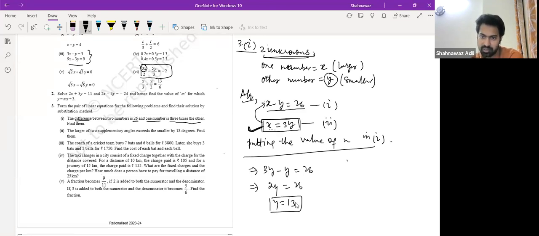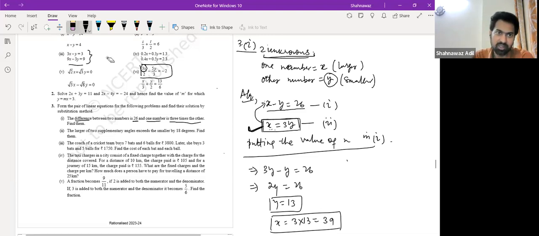And x is 3y, so x is 3 into 13, so 39. Yeah, so this question was simple, right? Yes, sir. Okay, so if you want to note it down, or you have done this question already, I guess. Yes, sir. We have done this in the class already, in your school. Okay, so let us skip that and let us do this second problem.